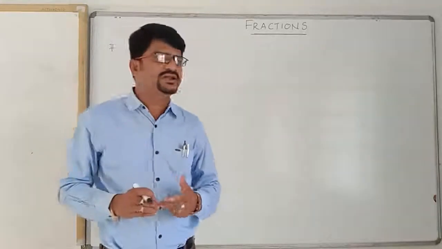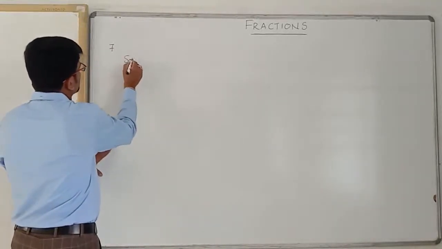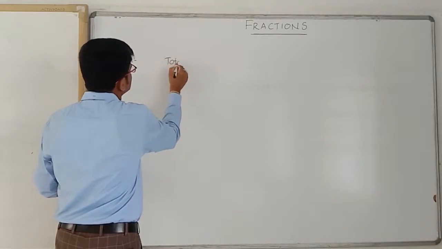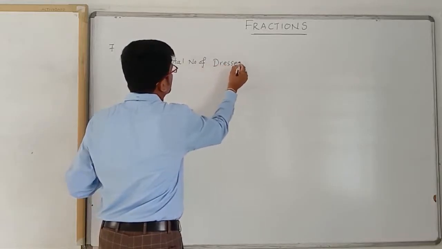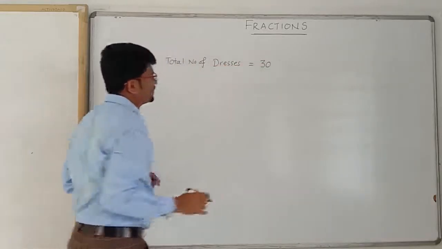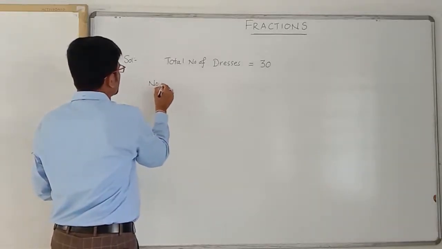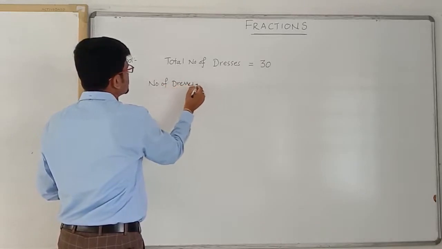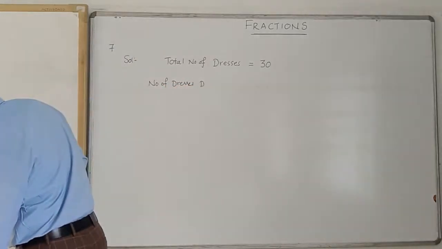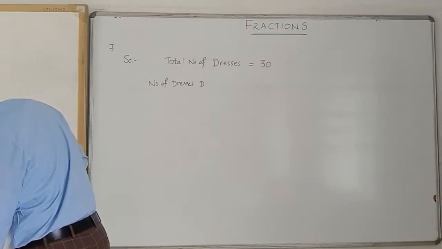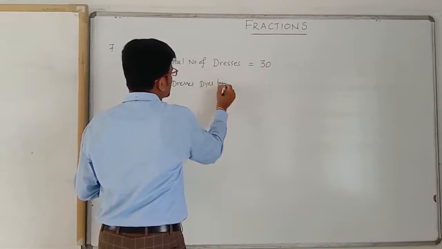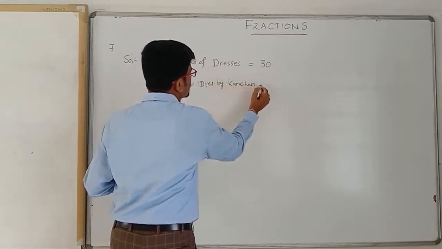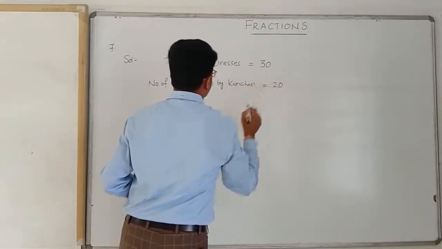Solution. Total number of dresses: 30. Am I right? Number of dresses dyed by Kanchan: 20.